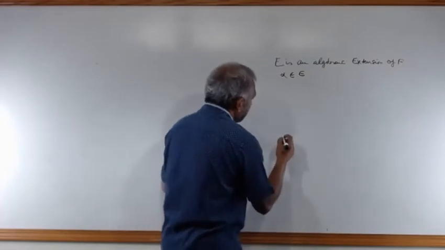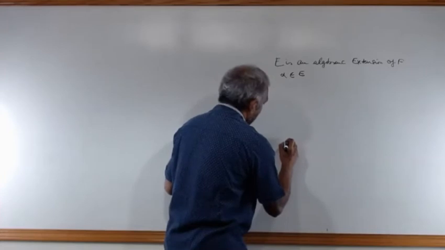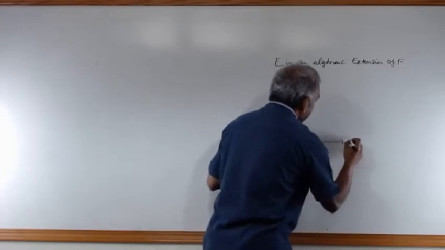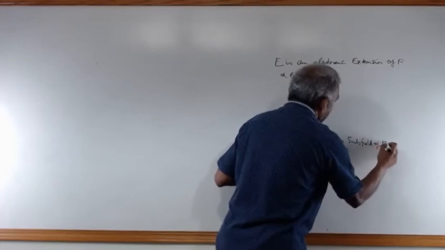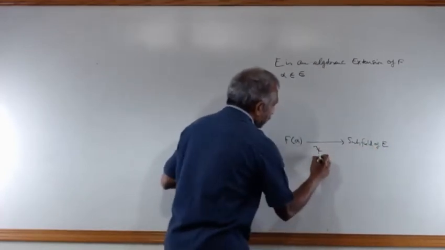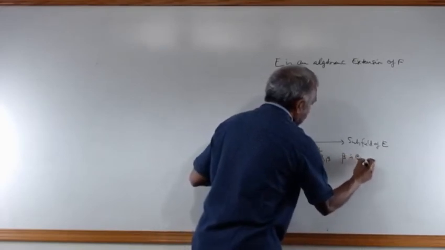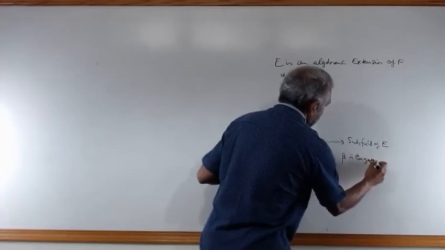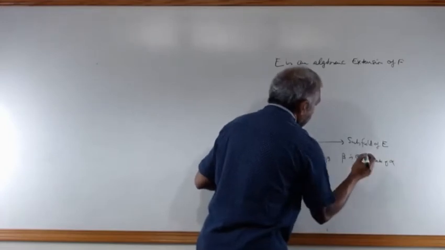So we know that there is a conjugate map from F(alpha) to a subfield of E, and this is normally called psi alpha comma beta, where beta is a conjugate of alpha.